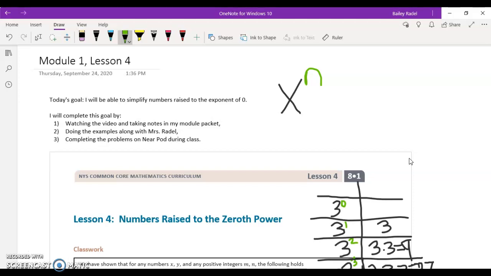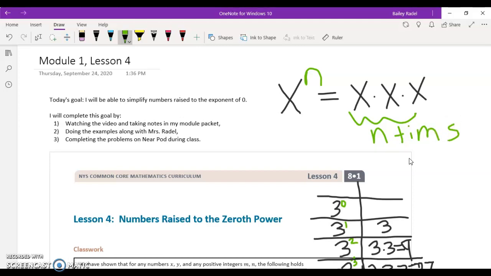And we talked about how we can rewrite this as x being multiplied by itself n times. So in this case, the n is 3, or it would be x to the 3. So today we're going to talk about what if n is equal to 0.